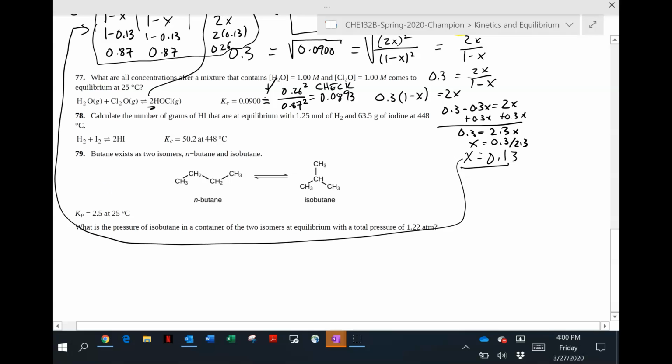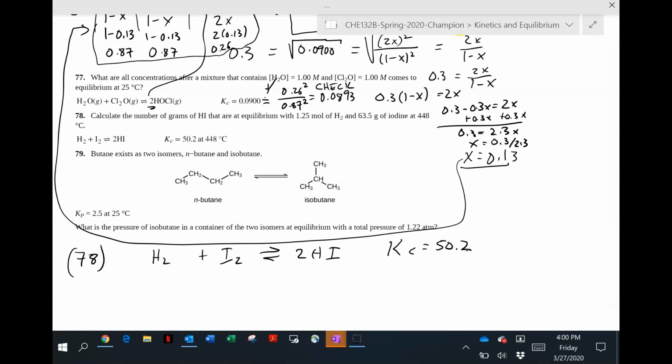All right, looking at number 78 down here, we've got H2 plus I2 in equilibrium with 2HI. We're told that the K is 50.2, and we're not going to worry about the temperature as long as we know we're working with that.